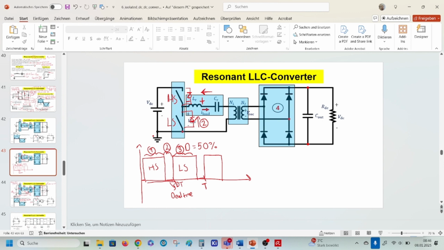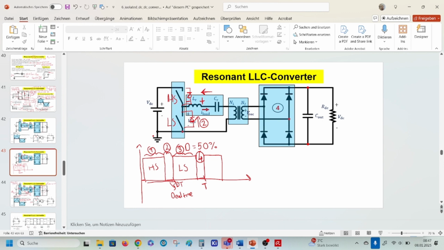And also during my dead time, that means both switches are off and the current cannot flow in this direction.